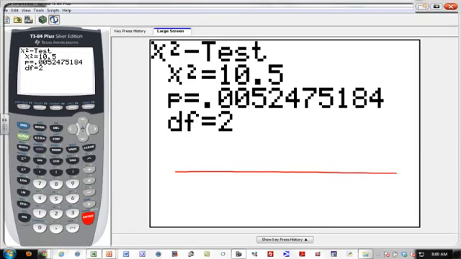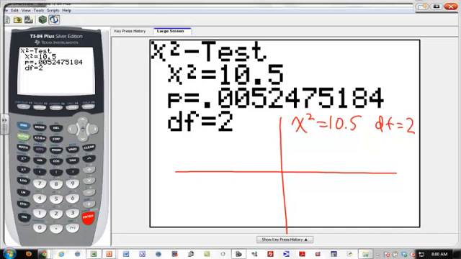The chi-square value of 10.5, I expect you to write that down. I expect you to write down the degrees of freedom, which is 2, because we have 3 rows, 3 minus 1 is 2, and I have 2 columns, 2 minus 1 is 1, so 2 times 1, 2 degrees of freedom.